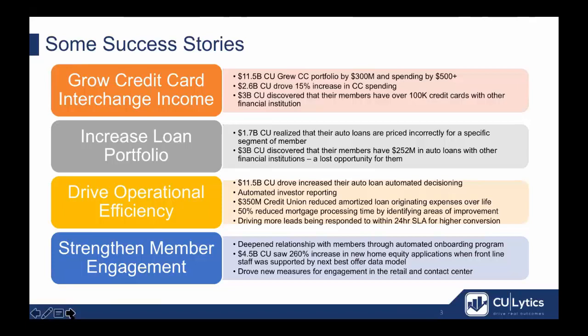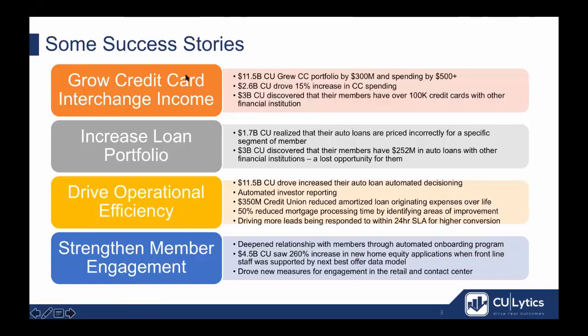Given that we are smaller in nature, we are able to move at a very fast pace. Another thing is that newer technologies coming in cloud are making it easier for us to take advantage and drive value for our institutions as well as for our members.